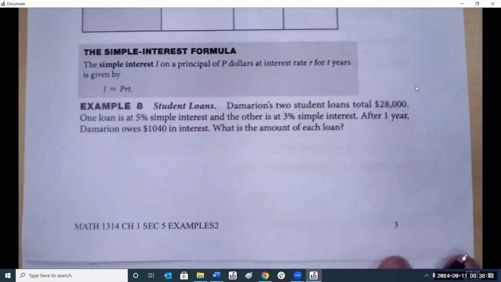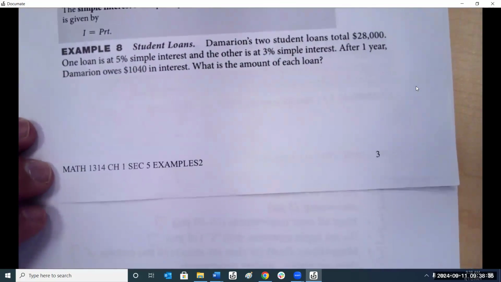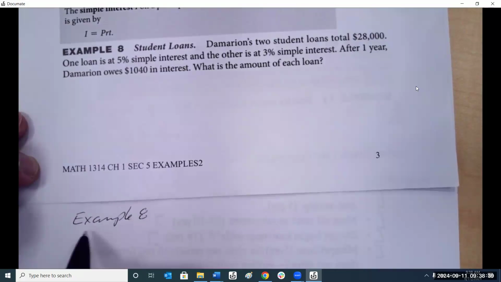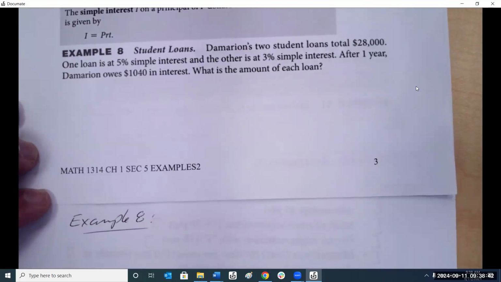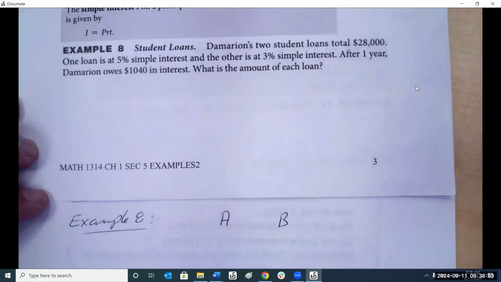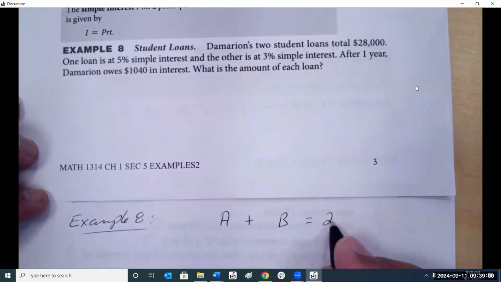So let's look at what we have here. This is example 8. So Marian has 2 student loans. Let's call them A and B. What do we know about those? They total $28,000. So loan A plus loan B equals $28,000.